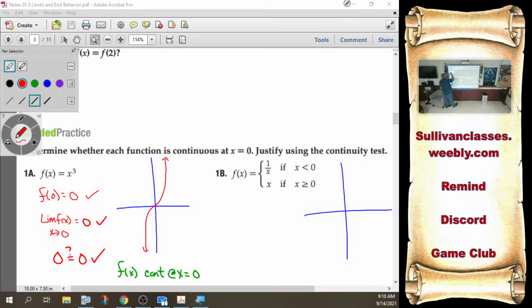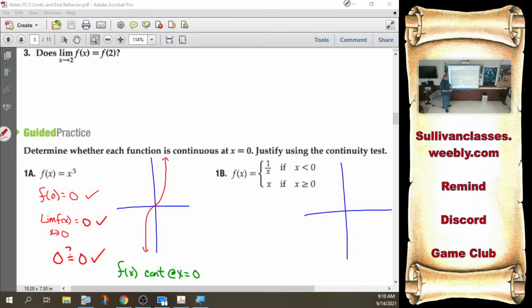Piecewise graphs, if you don't remember how to actually graph them, if x is less than 0, I'm going to follow this rule. So, what's 1 divided by negative 1? Negative 1, no. What's 1 divided by negative 5?